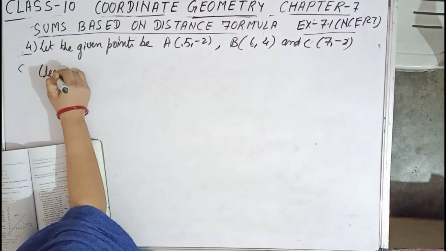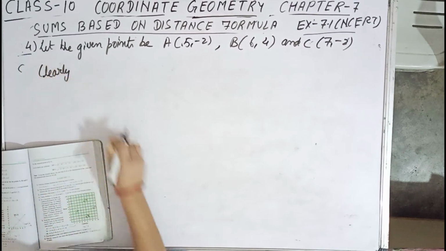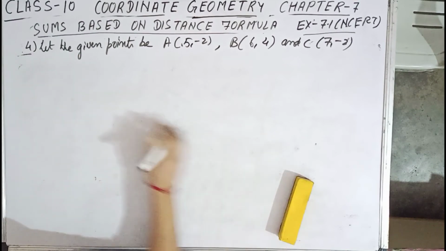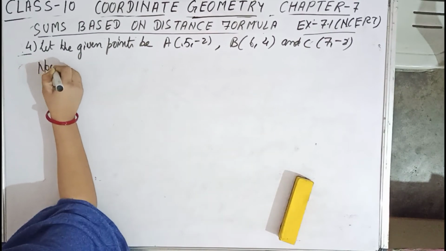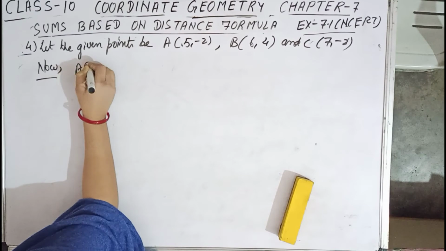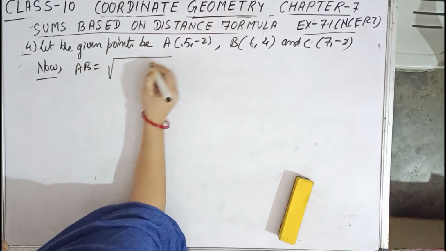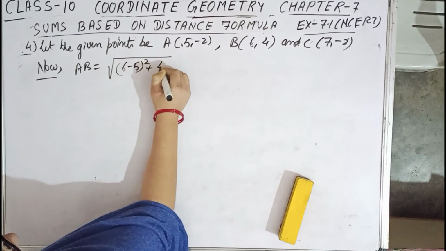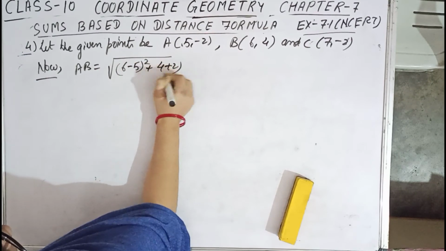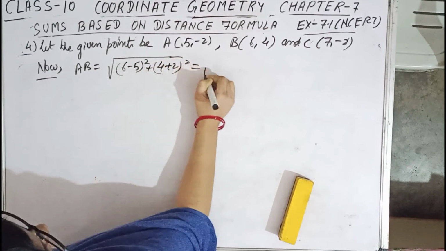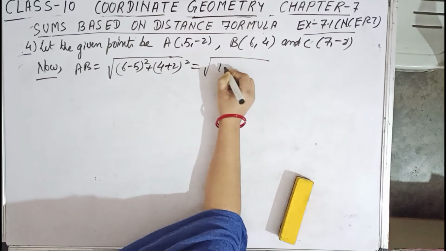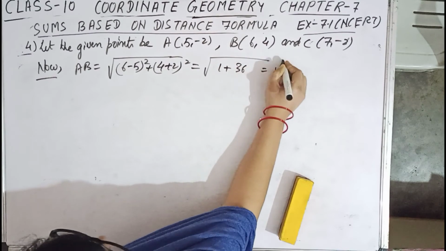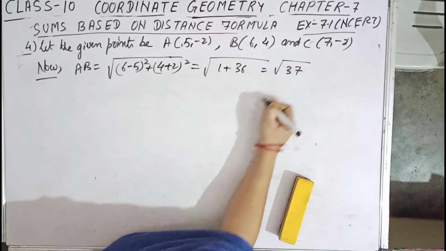Now AB equals to under root x2 minus of x1 whole square plus of y2 minus of y1 whole square equals to 1 plus 36 equals to under root of 37.